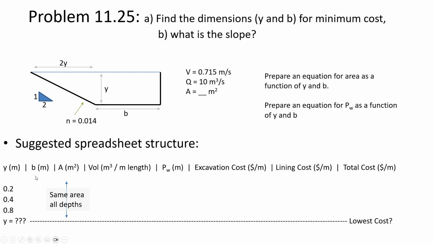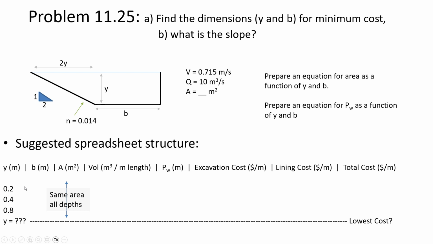And then I suggest that you incorporate a spreadsheet for solving this one, and you set it up so that you have a lot of different depths, and then for a certain depth, what would the B need to be in order to get the required area? So for example, if your depth is 0.2, there's going to be some certain bottom width required in order to achieve the required area that gives you the velocity and the flow rate that's needed.